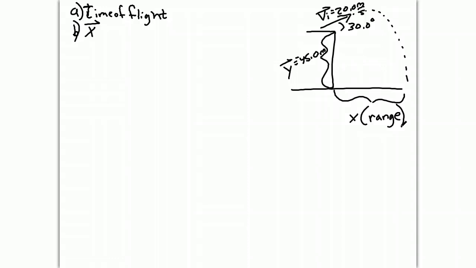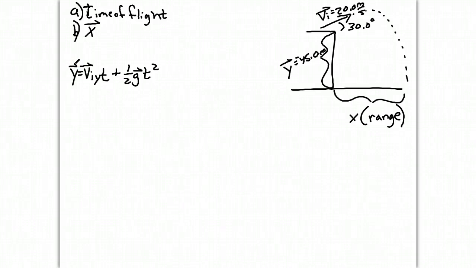All right, so the time of flight. The time of flight poses some problems for some students. The best way to do this is actually using the quadratic equation. So let's take a look at our equation of y equals VIY t plus 1/2 gravity times time squared.